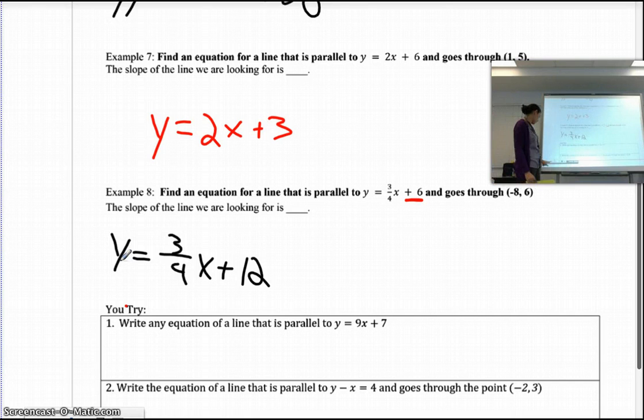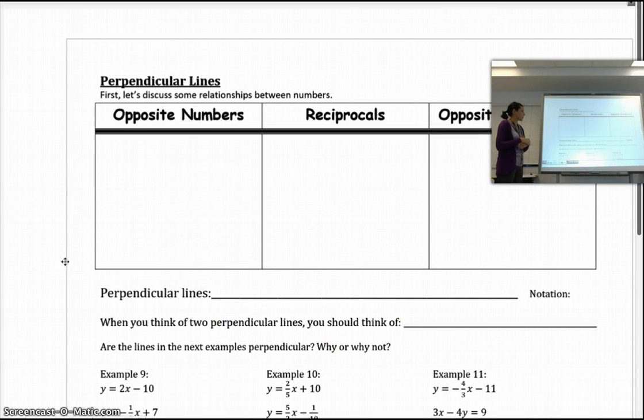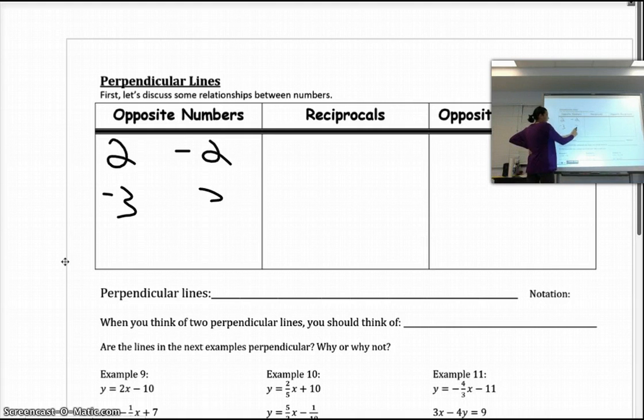Let's go to the next page, which is going to be about perpendicular lines, and it's just some vocabulary about numbers in general. Let's talk about what an opposite number is. If I have 2, what's the opposite of 2? Negative 2. What's the opposite of negative 3? Positive 3. So opposite just means to change the sign.